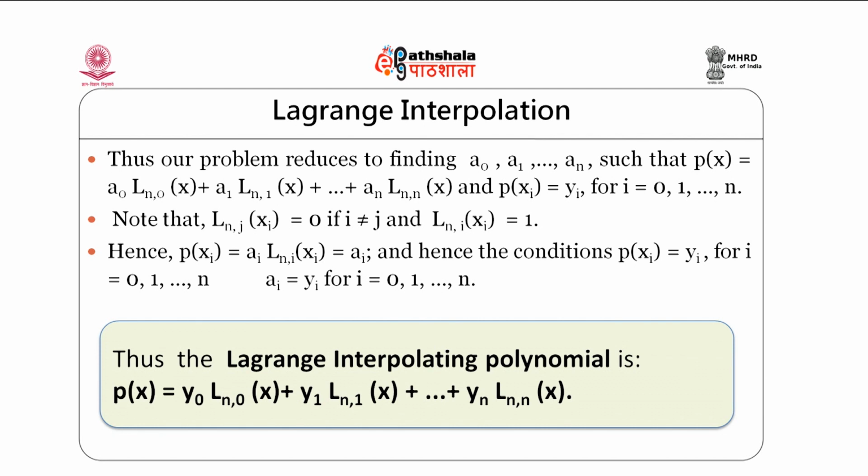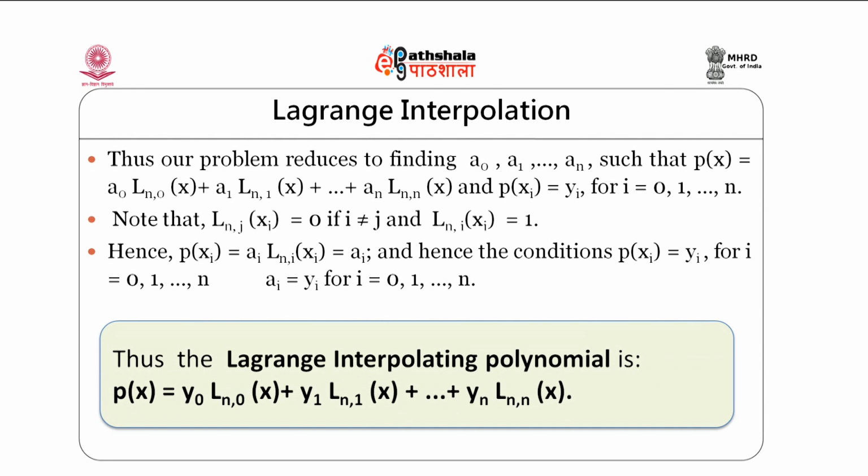Hence, now if you substitute these values of x 1, x 2, x 3, up to x n in the p x representation, then we will see that p x i will be equal to a i into l n i x i, which is equal to a i, and hence the condition p x i equal to y i for i equal to 0, 1, 2, 3 up to n gives us that a i will be equal to y i for all i equal to 0, 1, 2, 3 up to n.